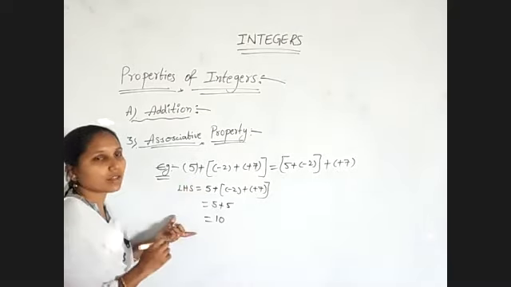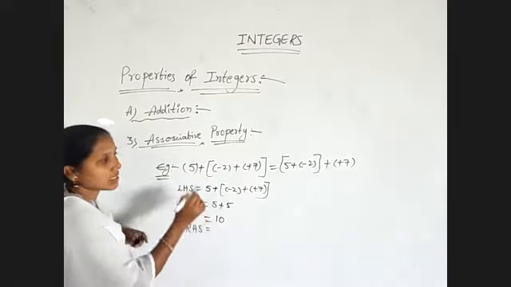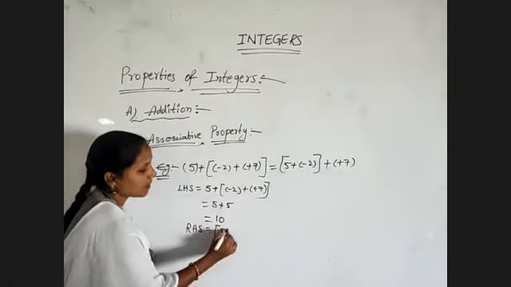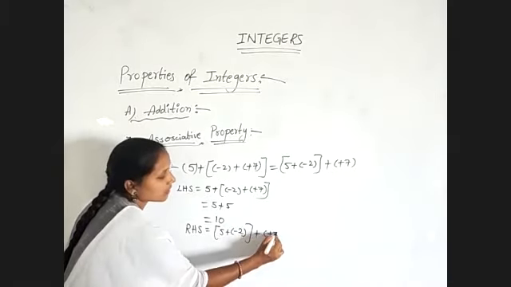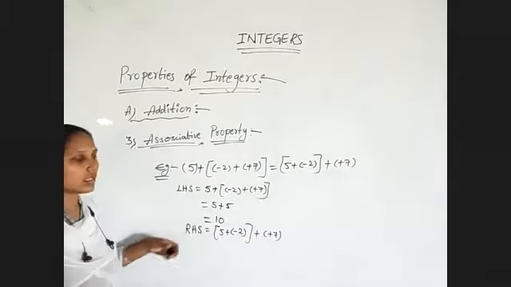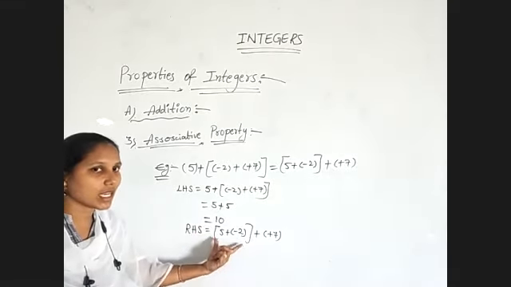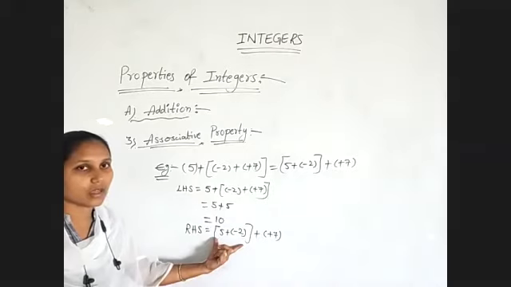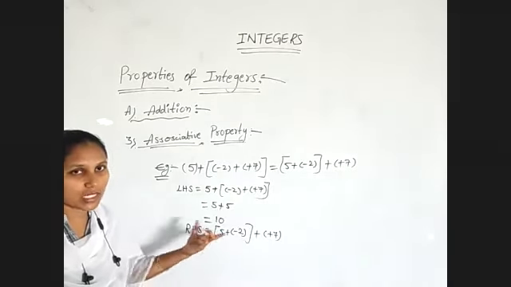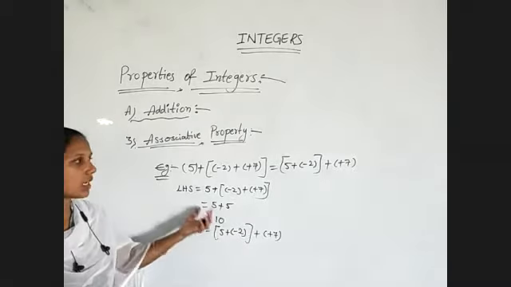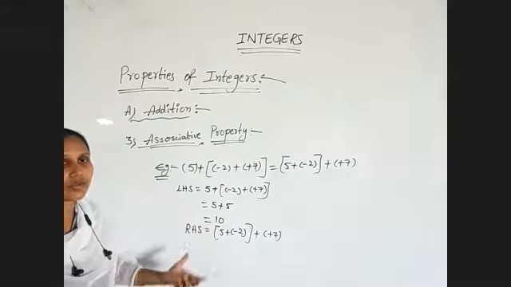Now what will we get for RHS? Just check. RHS is equal to 5 plus of -2 plus of plus 7. Here we need to perform this operation first because the bracket is included on this side. Whenever brackets are shown in any mathematical operations, whatever is there in the brackets, we need to finish first.